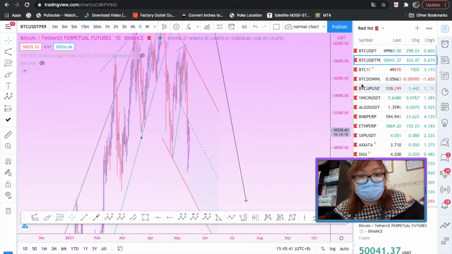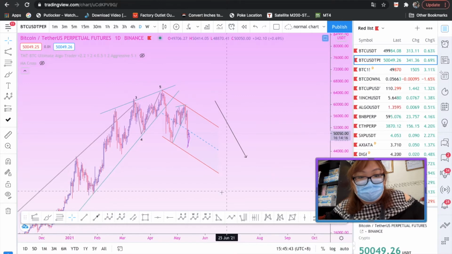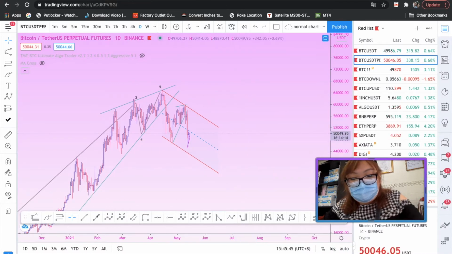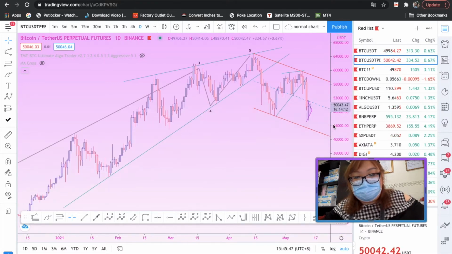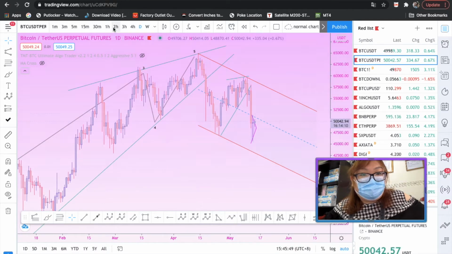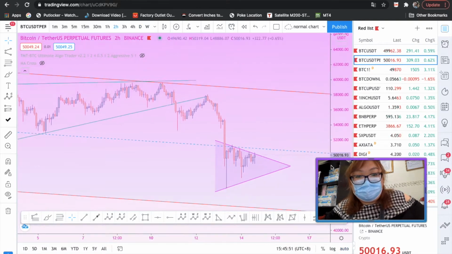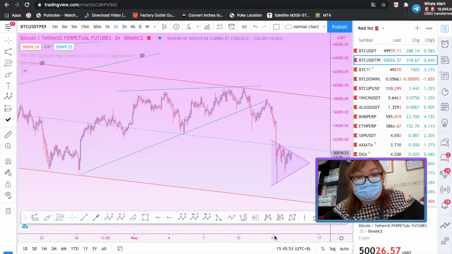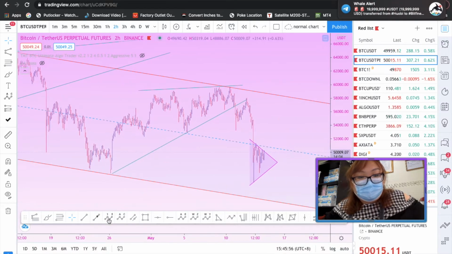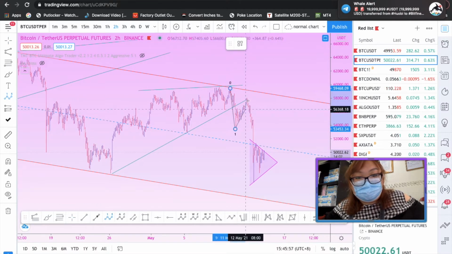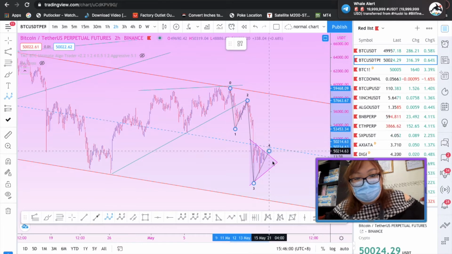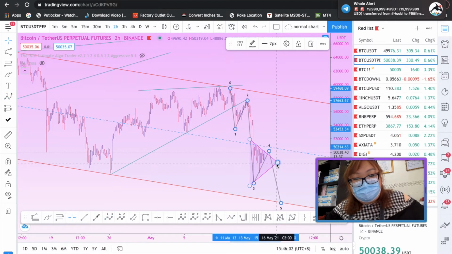If you look at this chart here, I'm going to put it on a smaller time frame and look at that. We're still trying to consolidate here. This chart is still valid, guys. 1, 2, 3, 4, 5, like that.